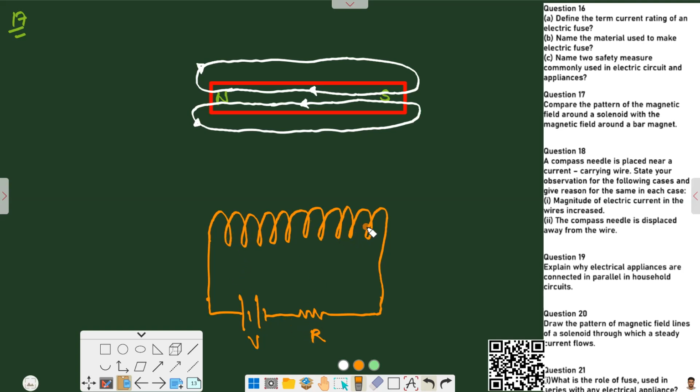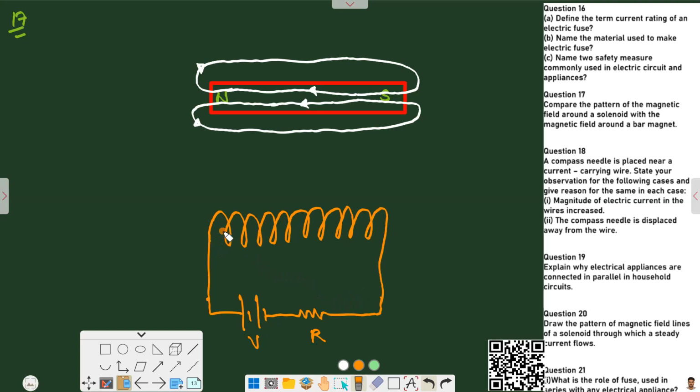If you connect it directly to the battery without any resistance, there might be a large amount of current flowing in this wire, which may lead to damage or burning of the circuit. That's why we normally use resistance. This resistance controls the current flowing in the circuit, thus limiting any heat effect or damage.